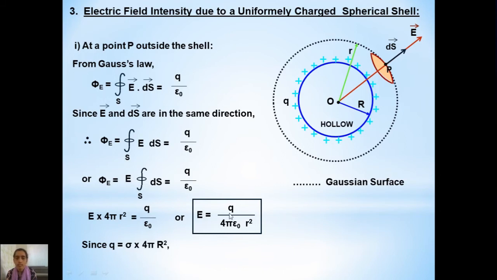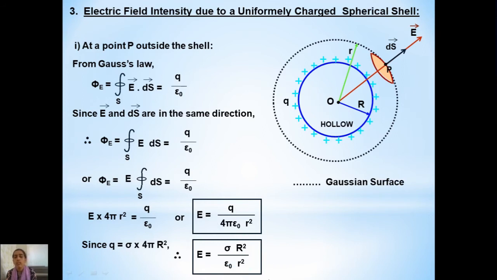So in place of this Q, if we replace this term, we can write E is equal to sigma R square, capital R square, divided by epsilon naught into small r square, because the 4 pi in numerator and denominator get cancelled.